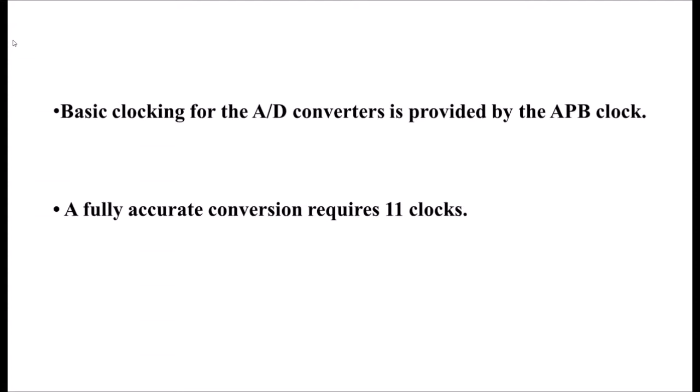A fully accurate conversion requires 11 clocks, so if we want a 10-bit output, we require 11 clocks. If we need a lower bit output, like 9-bit or 8-bit, fewer clocks will be used. So these are the features of the ADC used in LPC2148.